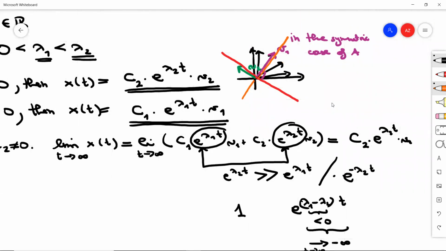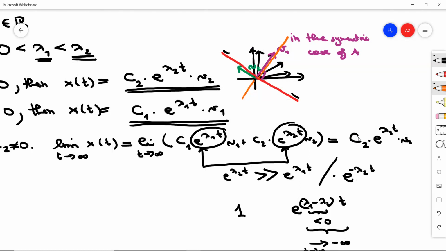So depending on C2, we will either be here or here. If we fix V2 to point in this direction, then if C2 is smaller than 0, it will be pointing in the opposite direction.